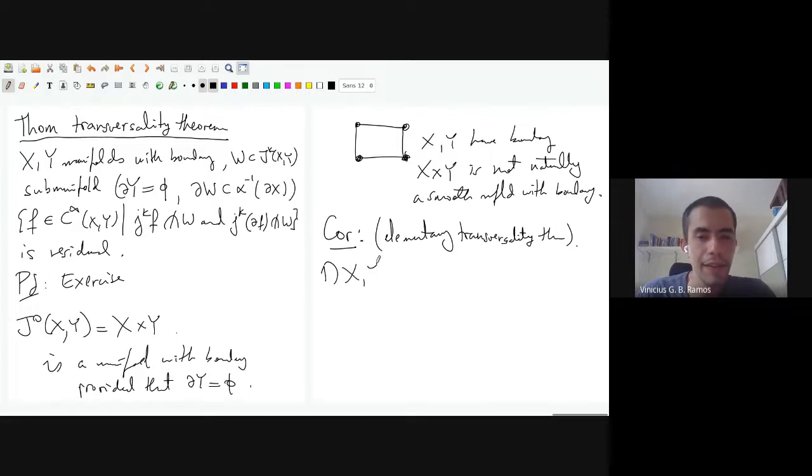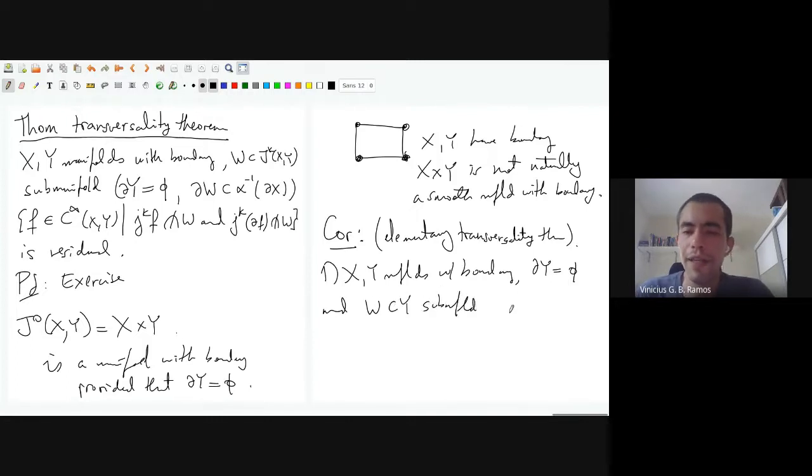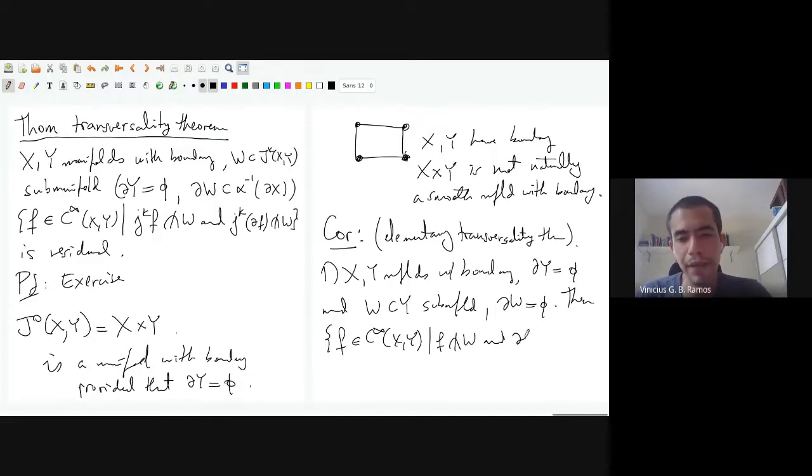If X and Y are manifolds with boundary, but the second one doesn't have boundary, and W is a submanifold of Y with no boundary, then the set of functions F such that F is transverse to W and the boundary of F is transverse to W is residual.